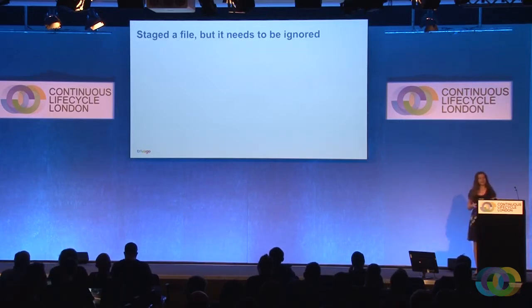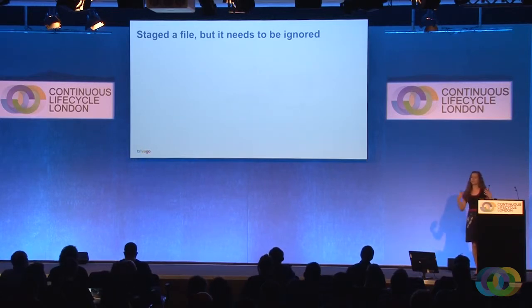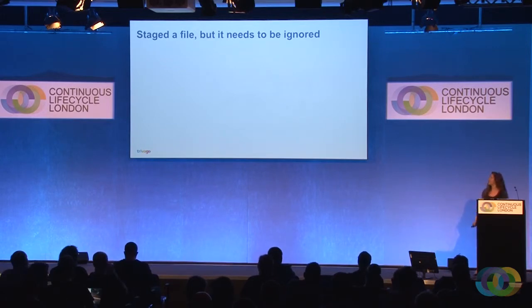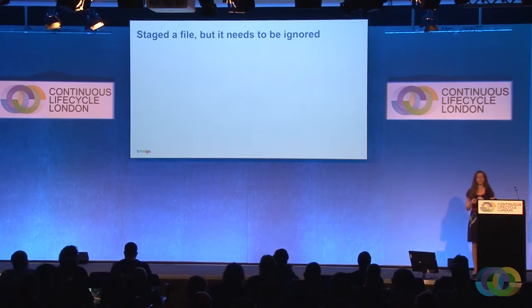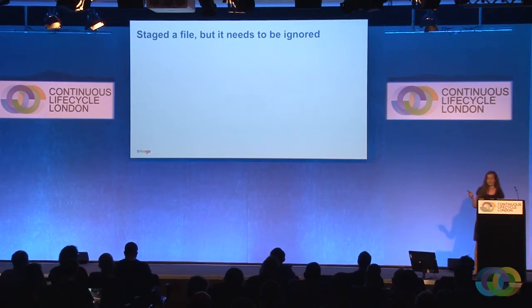So imagine you have a config.local file with your database password, and you accidentally added it to the stage, and you removed it from the stage, but Git still lists it. So you add it to the .gitignore, but Git still doesn't really recognize this.